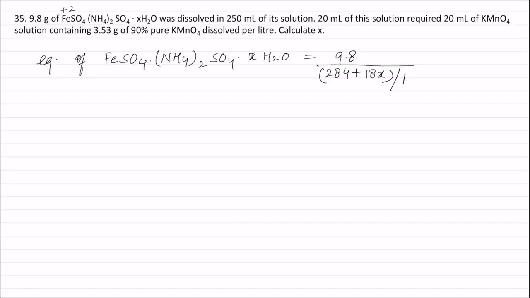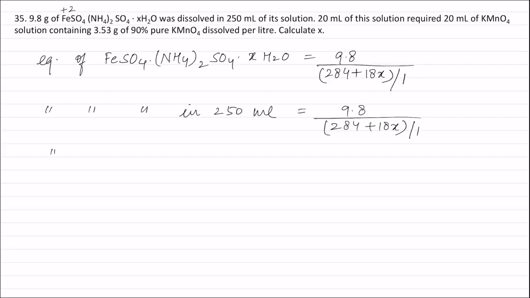So this is the equivalence of the salt present in 250 milliliter of its solution. Therefore, equivalence of FeSO4·(NH4)2SO4·xH2O in 250 milliliter of solution is equal to 9.8 divided by (284 + 18x) by 1.